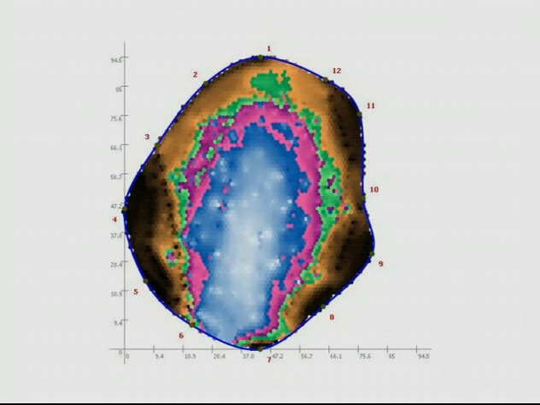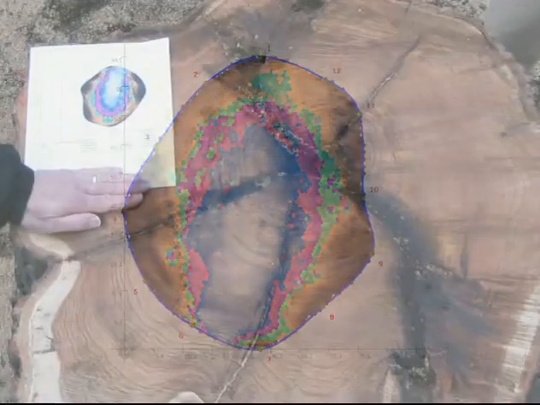Proper interpretation is critical. The tomogram is not a spatially precise map of the internal structure. It is only a representation of the wood's acoustic characteristics as determined by the perceived velocities of stress waves moving between the sensors.